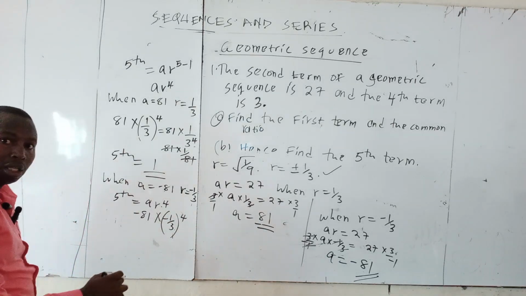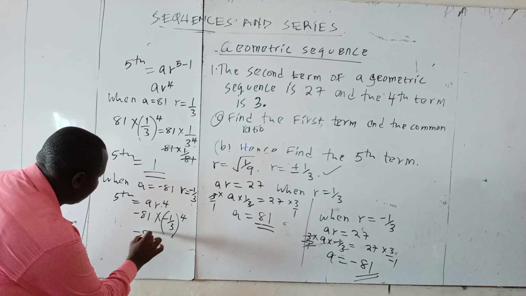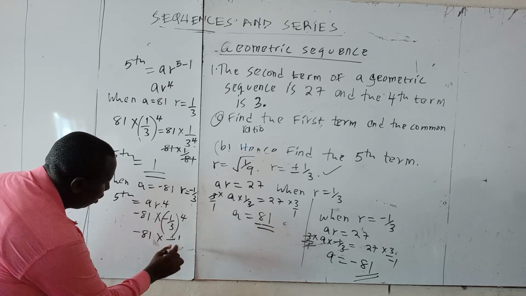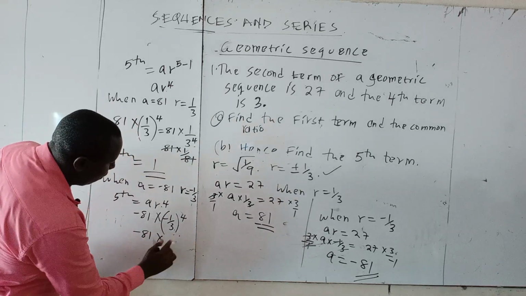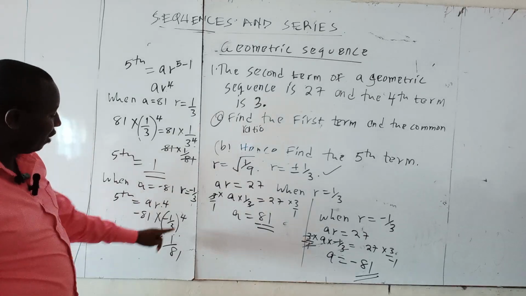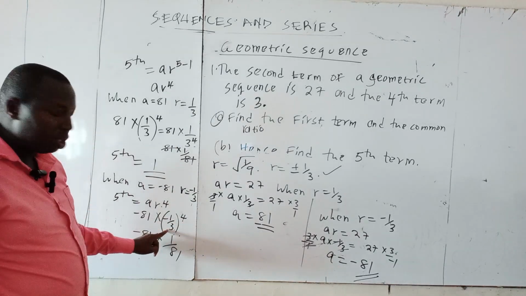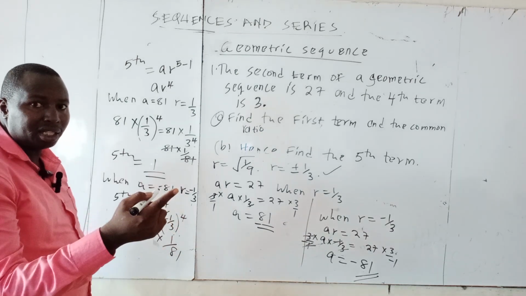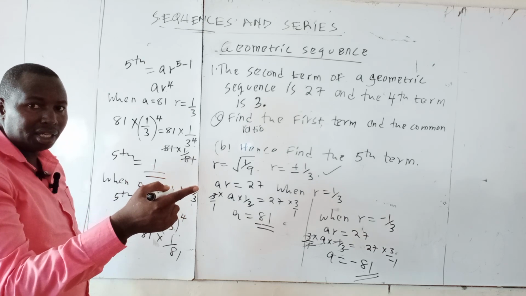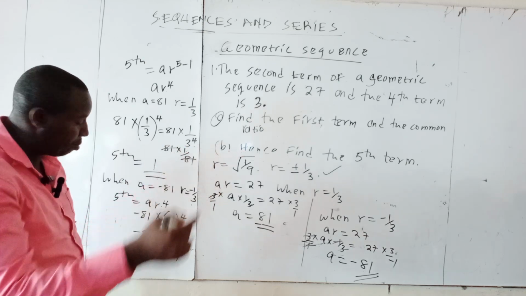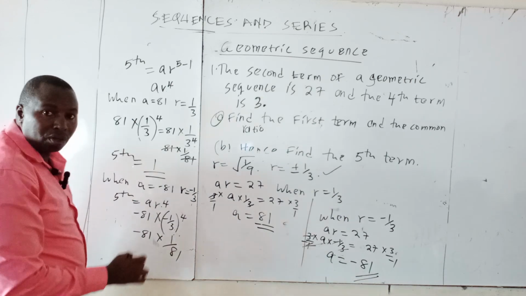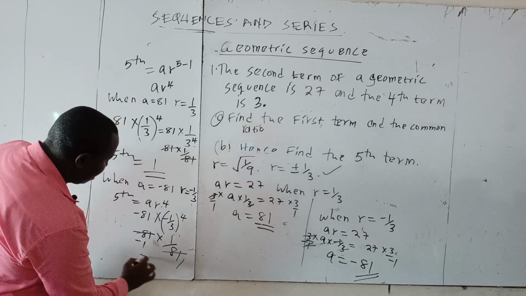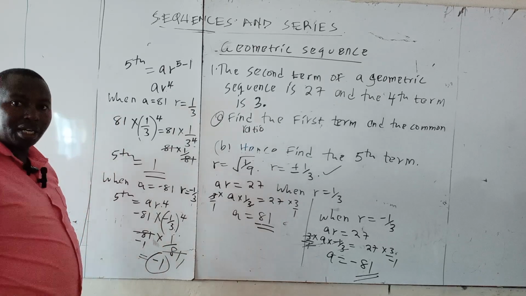You work out negative 81 times negative 1 over 3 power 4. This means 1 over 81, because the power is even and the value of r is negative, so automatically it will come to positive. Negative 1 over 3 times negative 1 over 3 is positive. So it becomes 81 times 1 over 81, so you divide by 81 and you get minus 1. So in this case, the fifth term is negative 1.